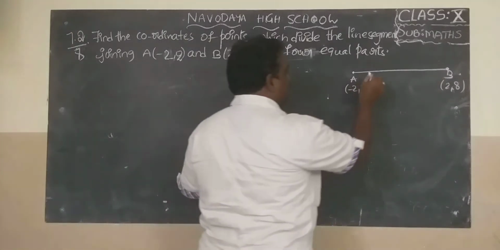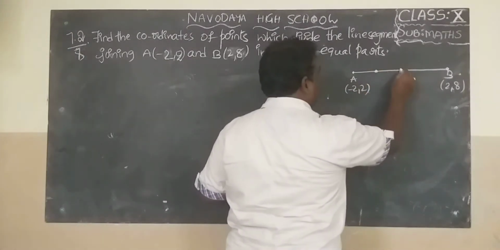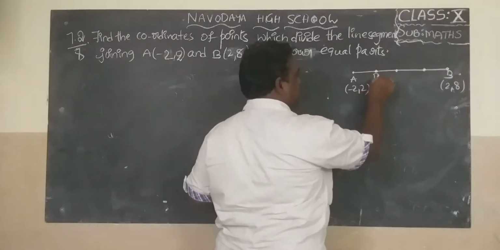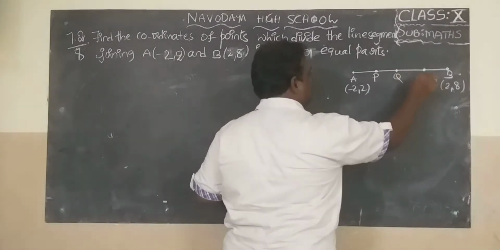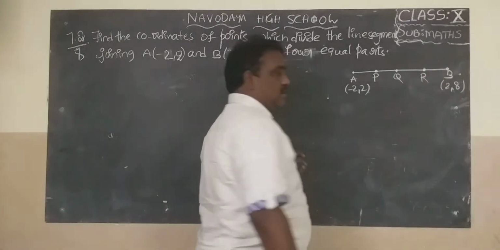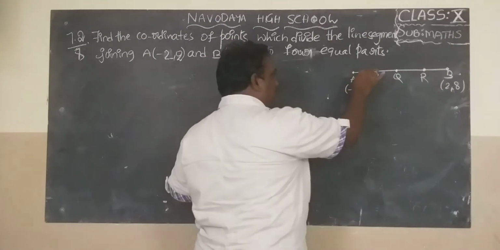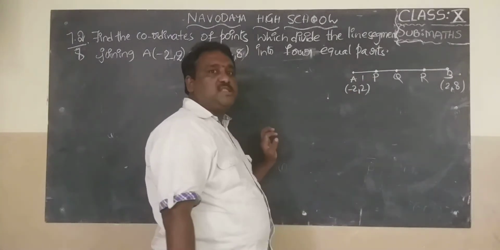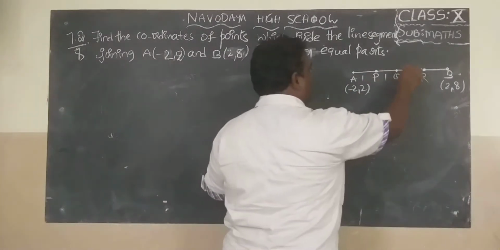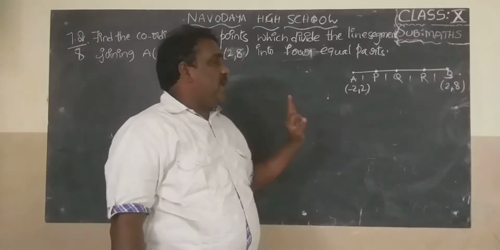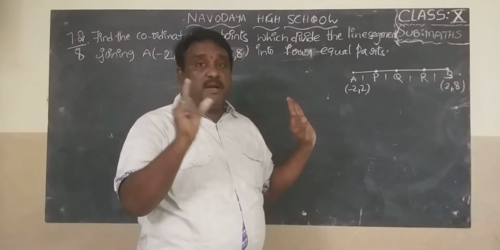First part, second part, third part, fourth part. First point is P, second point is Q, third point is R. Same model. I took the first part as 1, the remaining parts also 1 only: 1, 1, 1. Okay? Then here I want to apply the ratio formula but not the midpoint.